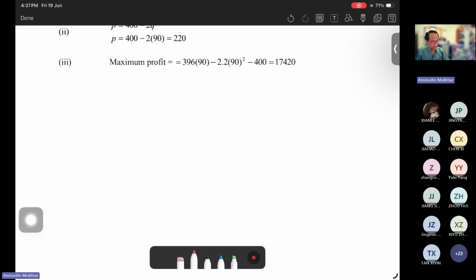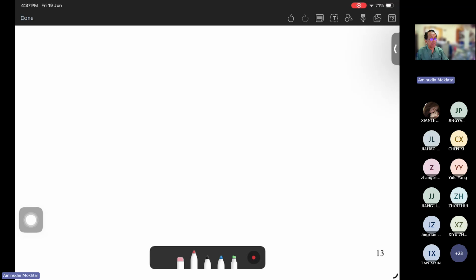Okay, the last part for today is about the application of maxima and minima. For example, please refer to page 30.